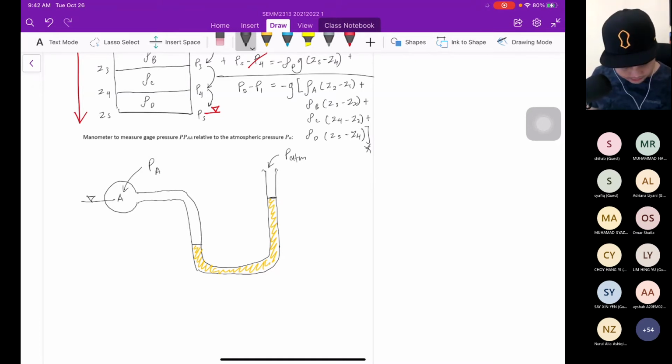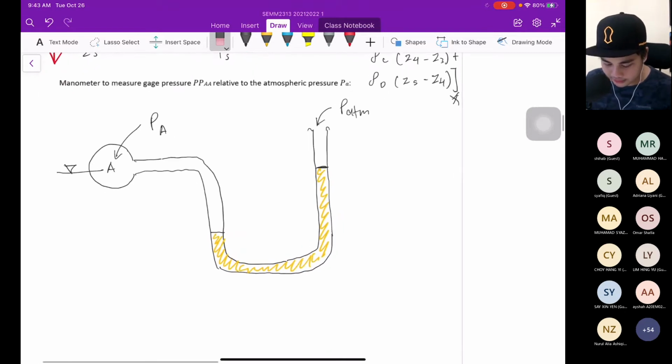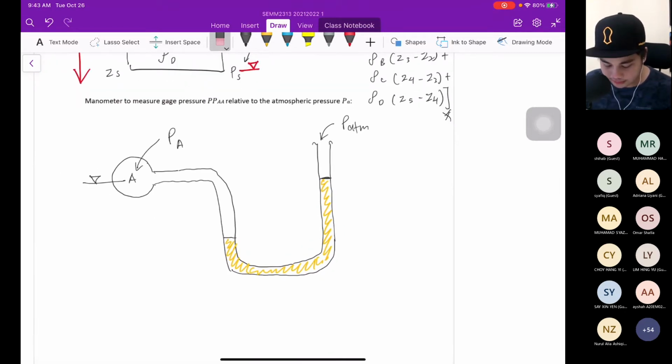So from here, this is Z1. This is point 1. Now I want to show you step by step how to solve this question. Very simple. The first step, remember, set the reference line.